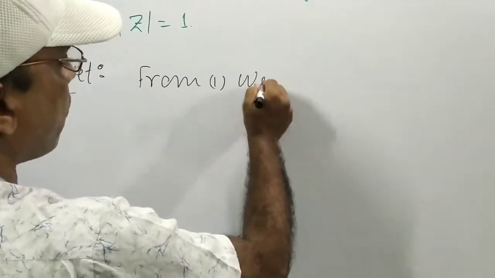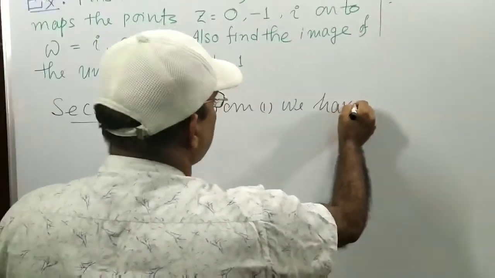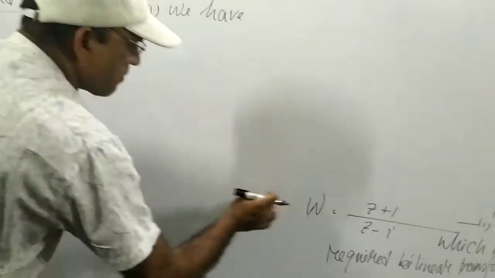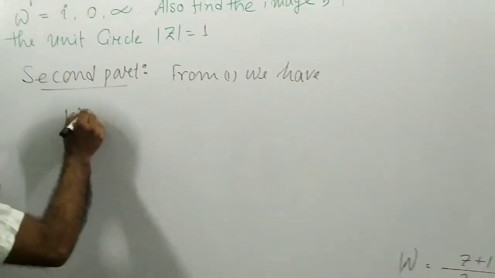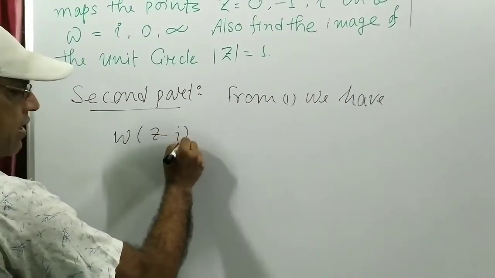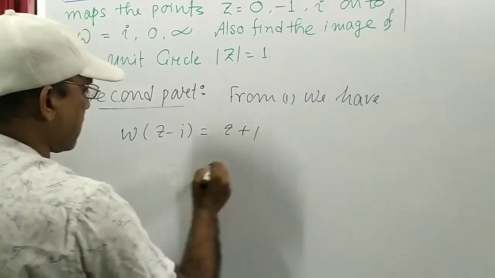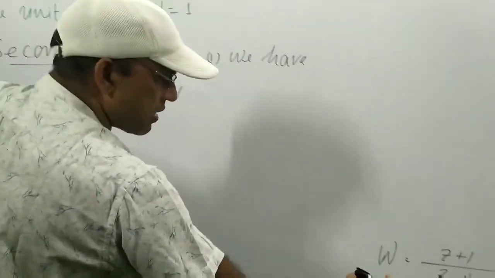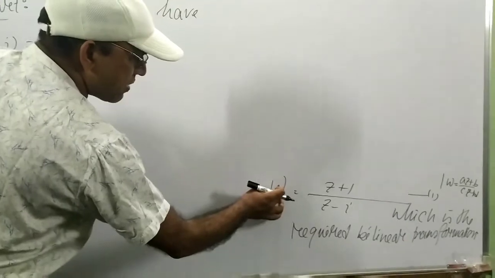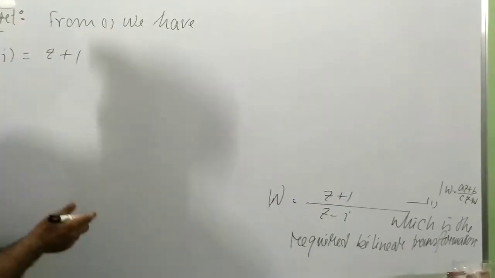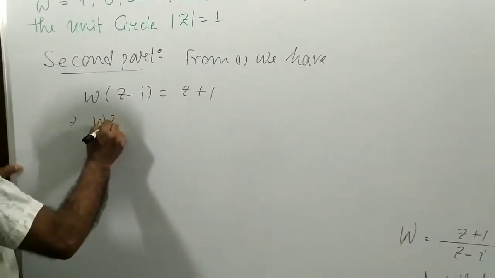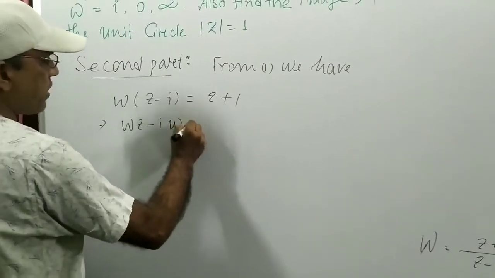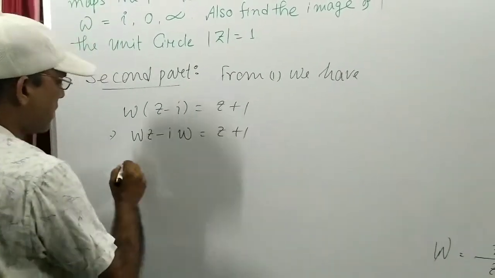we have, just multiplying this on the left-hand side, w into (z minus i) equal to z plus 1. So wz minus iw equal to z plus 1.